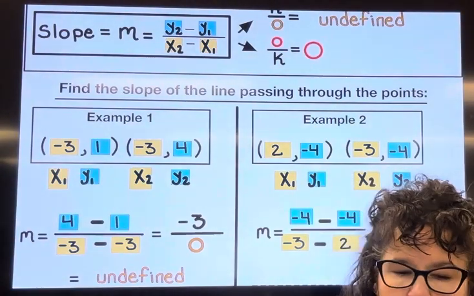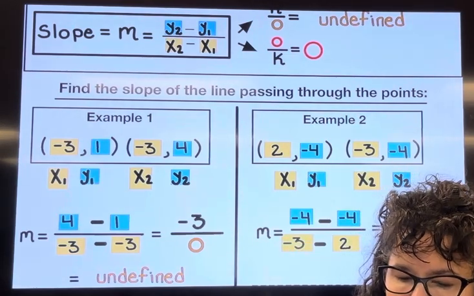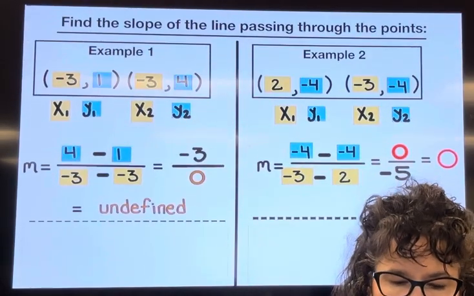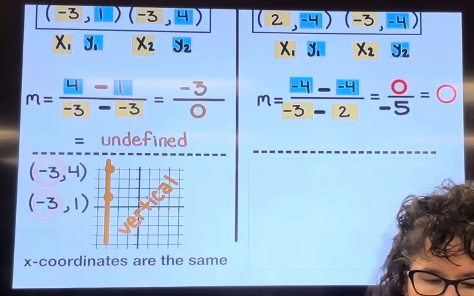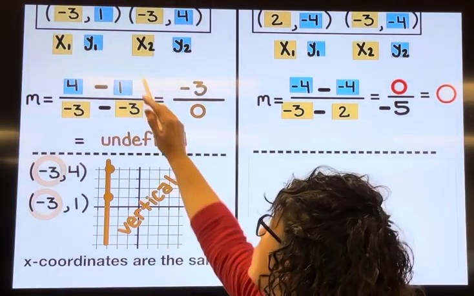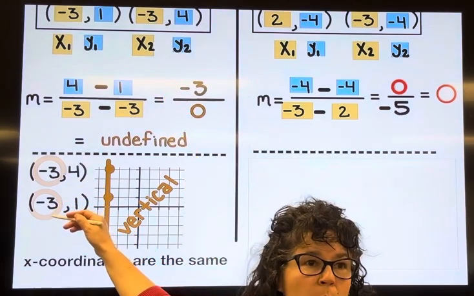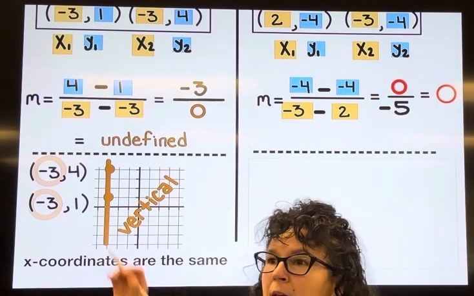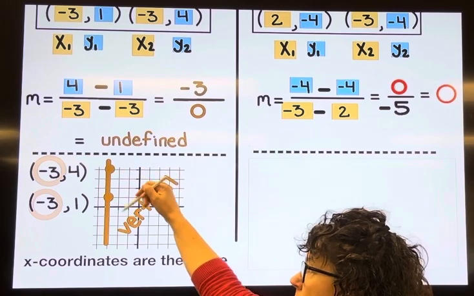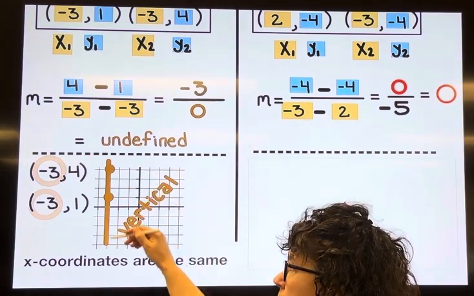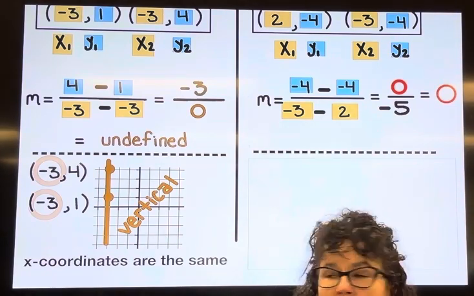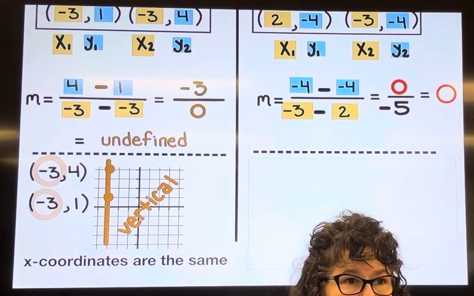Okay, another shortcut here that you could use is to notice that the x coordinates in the 2 points given are the same, and that means that they're going to line up, they're going to stack one on top of the other. So when a line goes this direction, it's called a vertical line, and that is undefined.